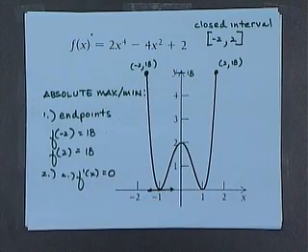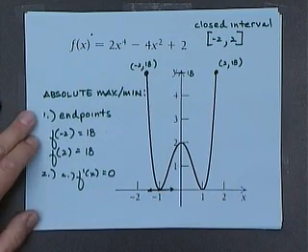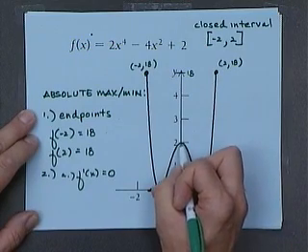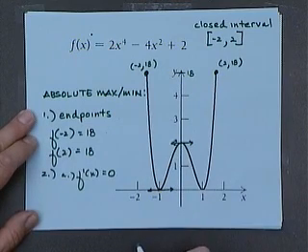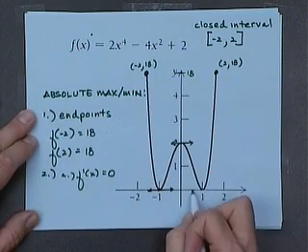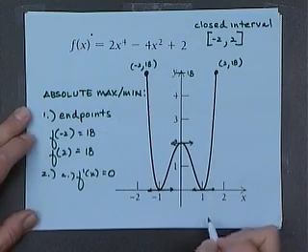So we want to find where the derivative is 0. That's a candidate for absolute maximum. Here's another place where the derivative is 0, which we'll validate in a little bit. And here's another place where the derivative is 0, right?